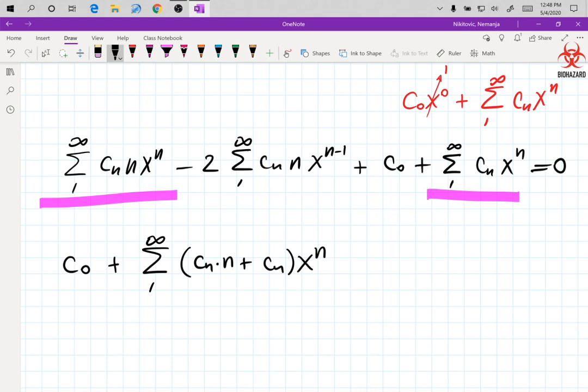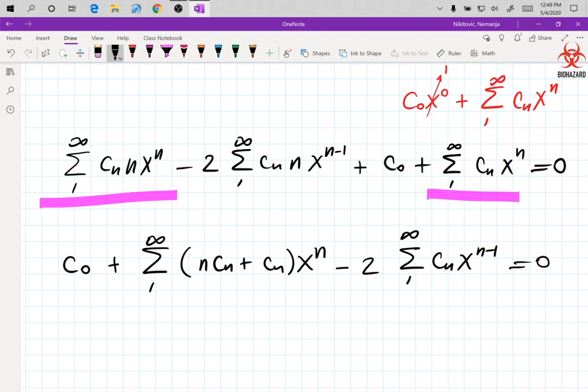I hope we all see that when I put these things together using that blue rule, and I factor out Cn, what I have is Cn, and then Cn times n, that's the first one. You can write nCn. I mean, it's nicer. Cool. And then I still have minus 2 summation 1 to infinity Cn x to the n minus 1 equal to 0.